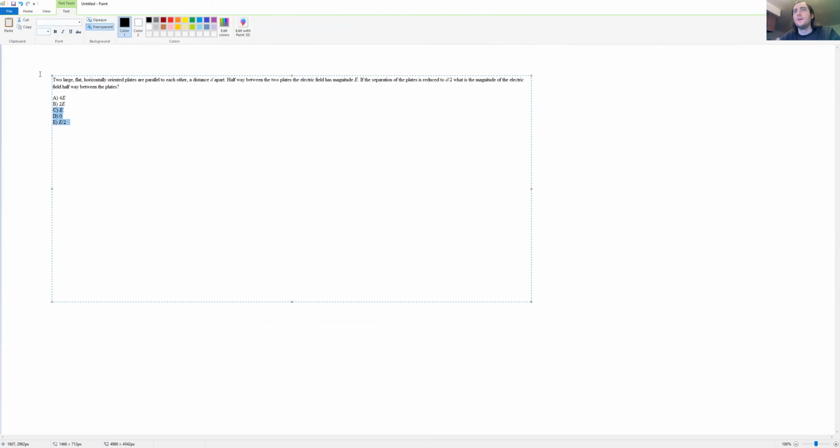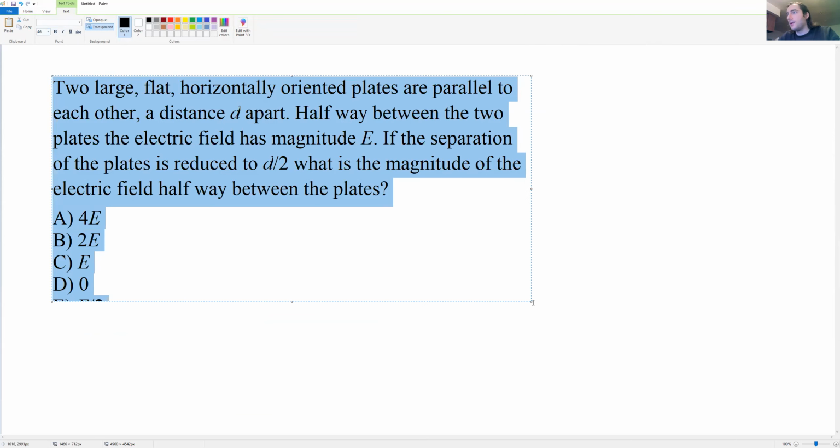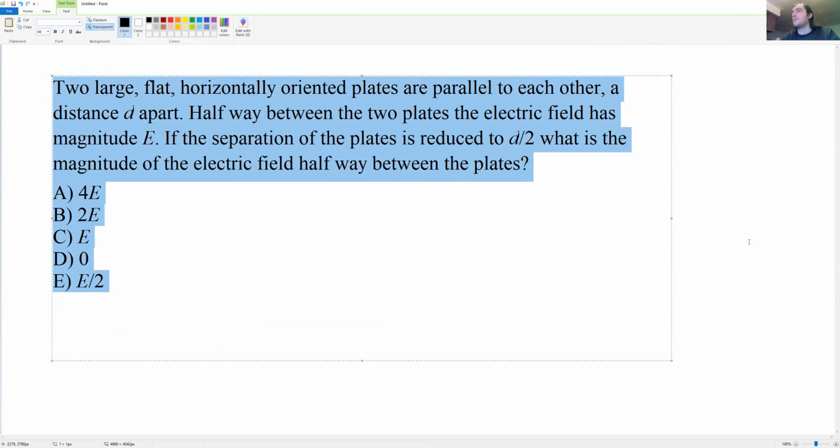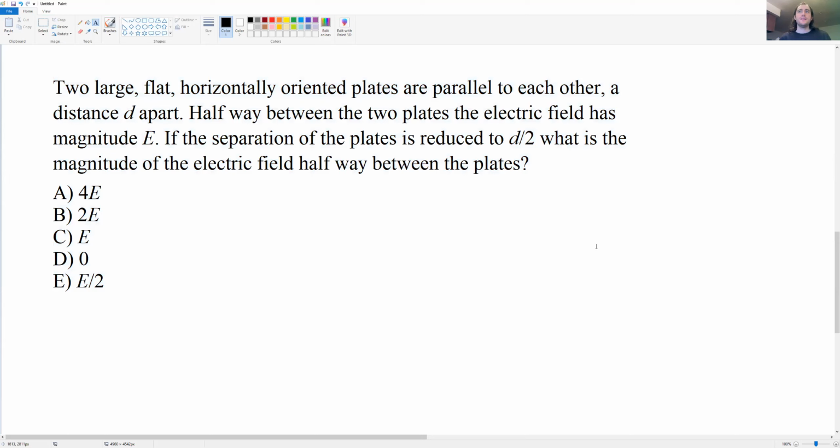like so. And it's okay that we didn't pause the recording in this case because it comes up pretty quick. So here is the second question. We have 2 large, flat, horizontally oriented plates that are parallel to each other, a distance d apart.